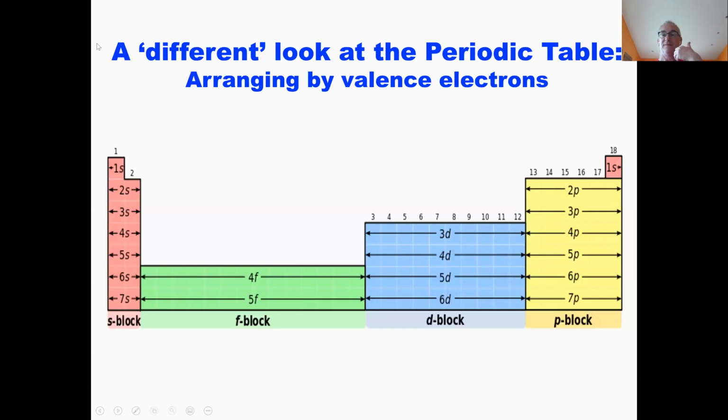So again, different look. These are, remember, valence electrons. Who can tell me the difference between the core electrons and valence electrons? How come we're talking about valence electrons here? How come we're not talking about all electrons?